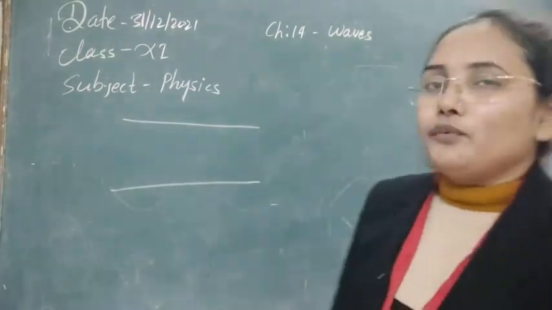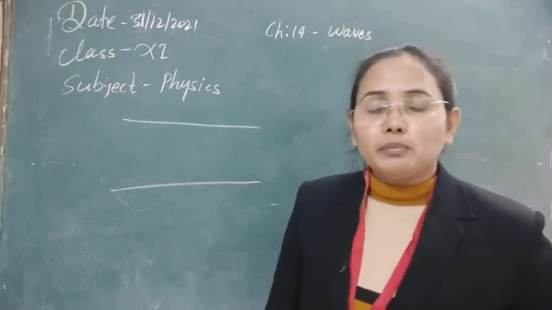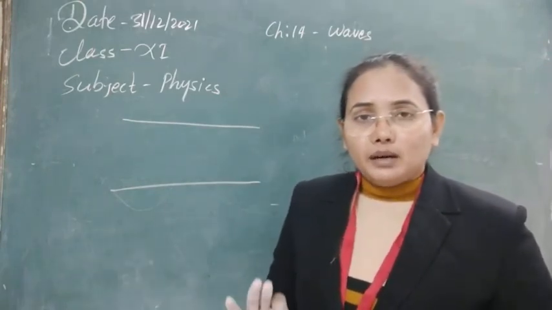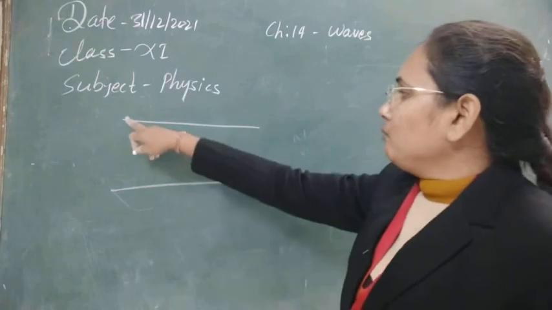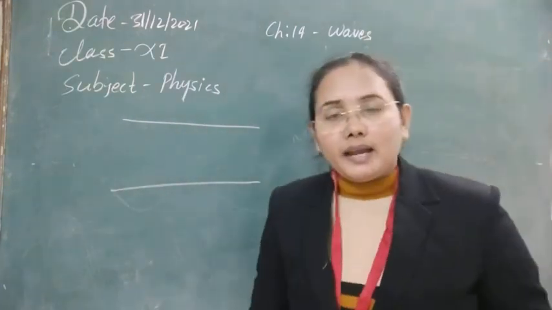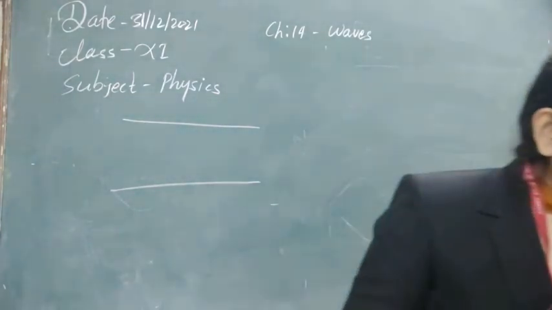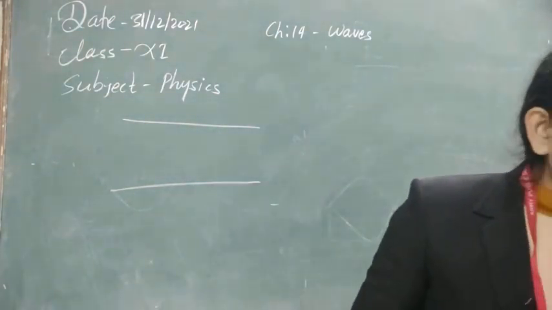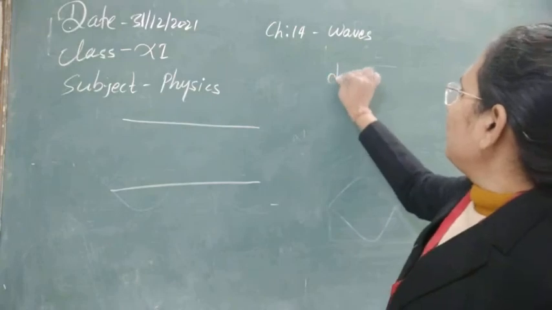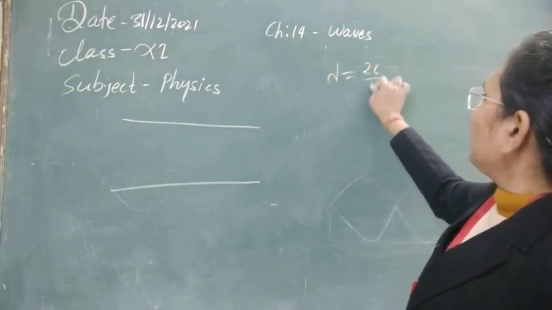Because this kind of pipe, like the example of a flute and other musical instruments, if both ends are open, then both ends will be the point of antinode. Now no end will be the point of node here. For that, if you put the condition, then you can find lambda will be equal to 2L upon n.